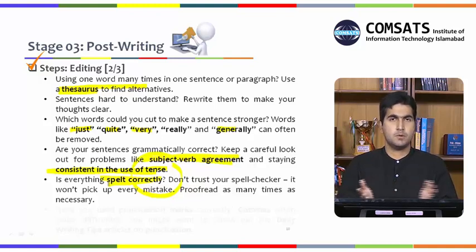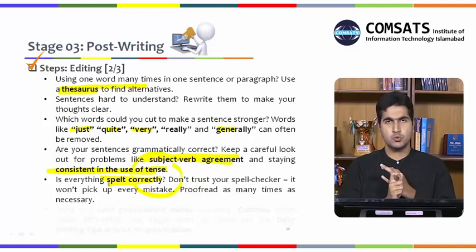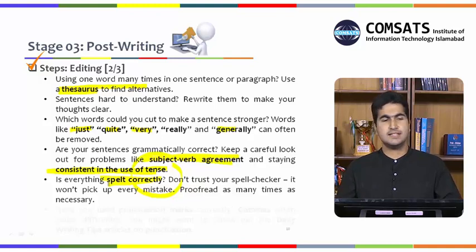Because if I give you the example of these two words, to and too, there is nothing wrong with the orthography, the spelling of these words, both are okay, but it's the context which determines which one of these two has to be used within a sentence construction. So the spell checker will give a green signal, let it go. You will be the one to realize that this word does not fit into the context in which it is being used.